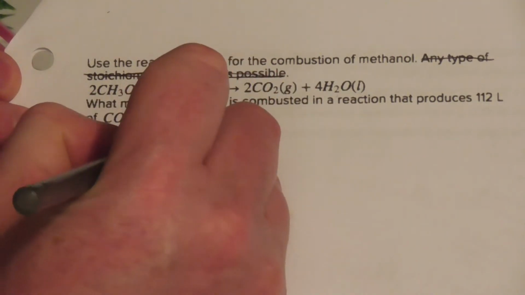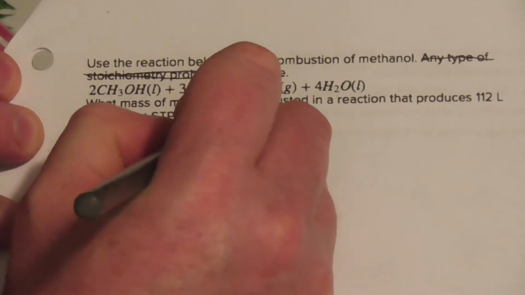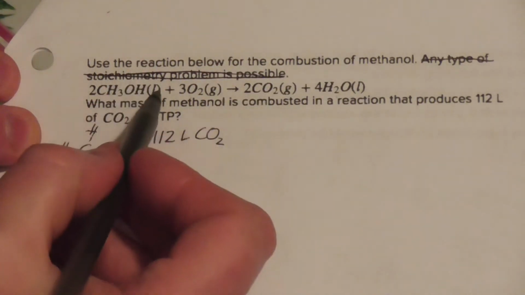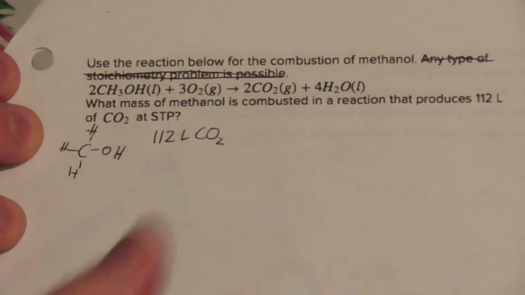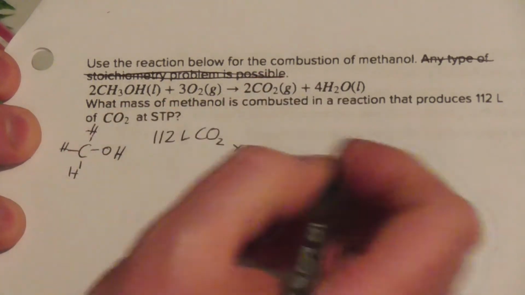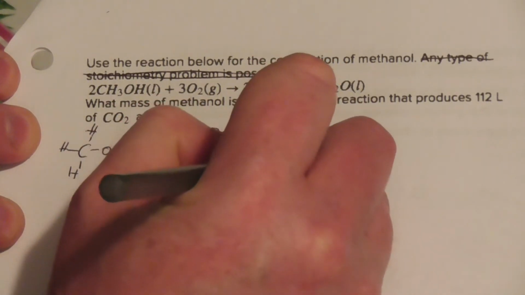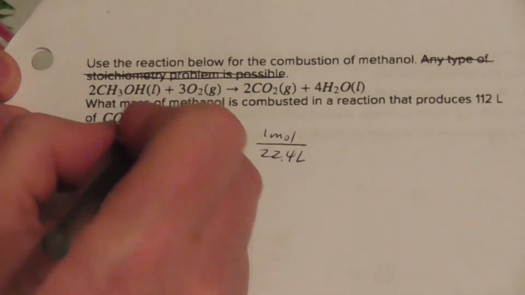So what do I know? I know I have 112 liters of carbon dioxide. I have a balanced equation already. That's always step one. Step two is to figure out how many moles, units to moles. This is liters. So again, we have to make sure we're doing the right conversion. 1 mole over 22.4 liters at STP.